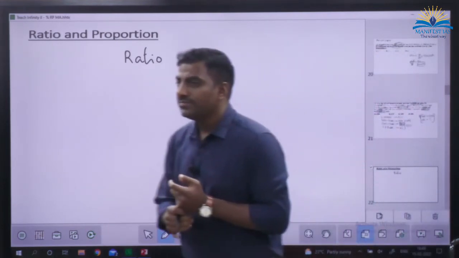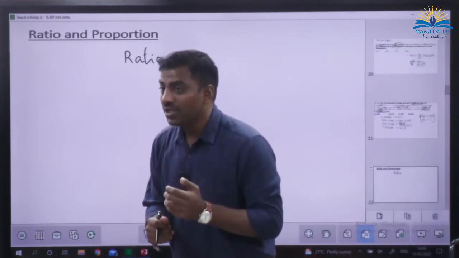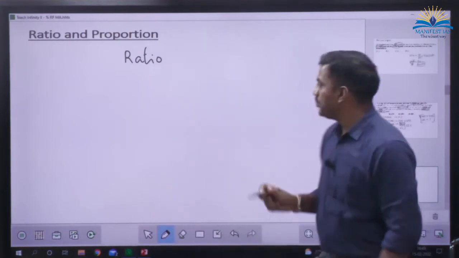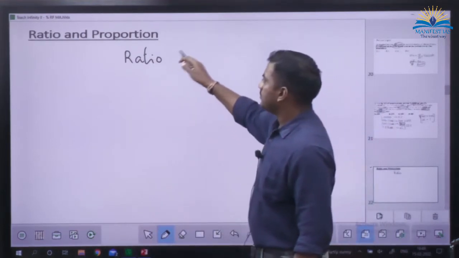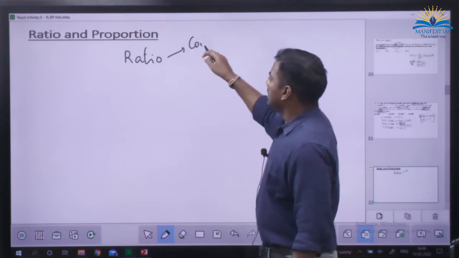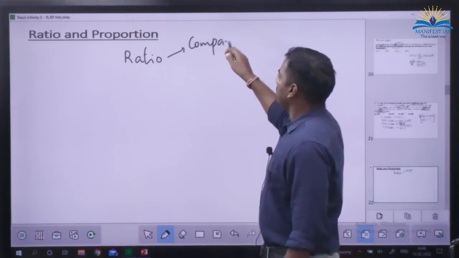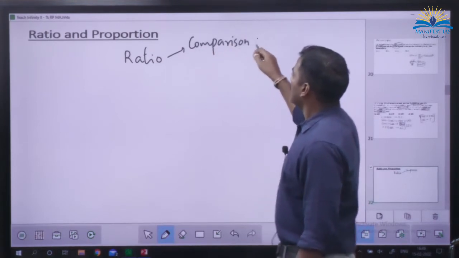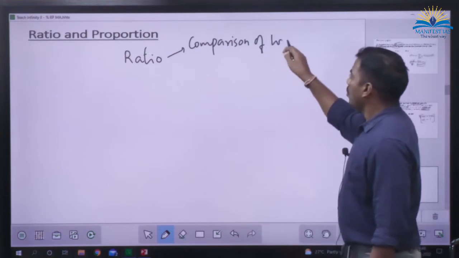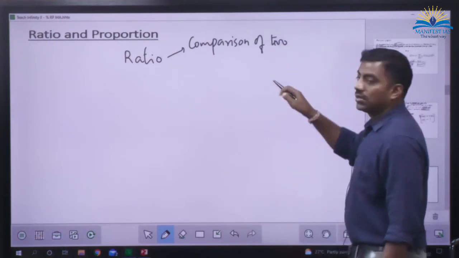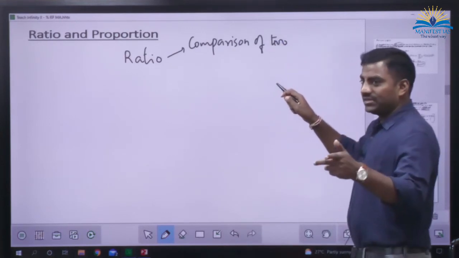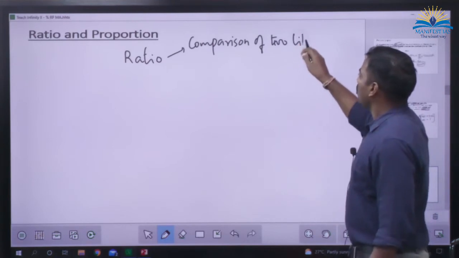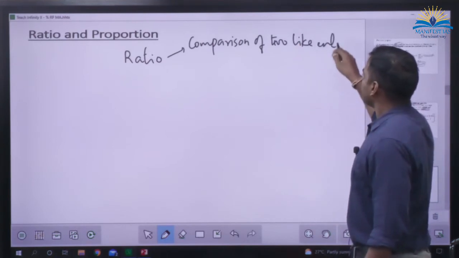Two quantities in the same unit. So basically, this is a comparison of two, you told same units, so I will say two like entities.